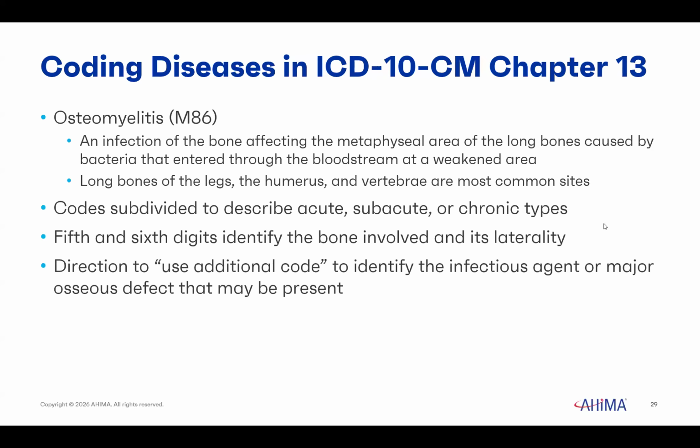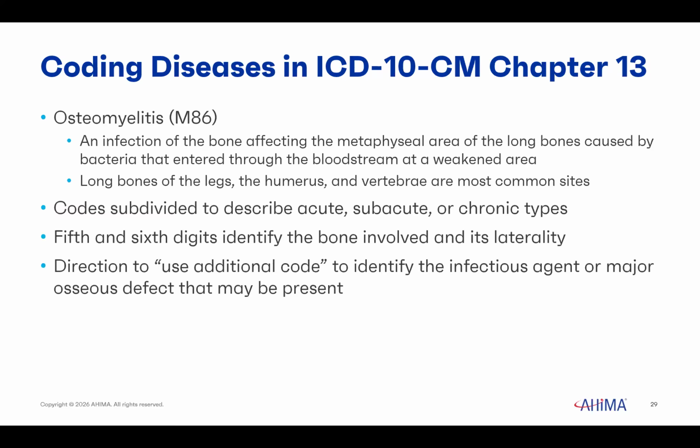And finally, we have osteomyelitis. Osteomyelitis is an infection of the bone that affects the metaphyseal area of the long bones. And again, these could typically be the humerus, the femur, the vertebrae, the tibia, what have you. Usually they are the arms, legs, hands, what have you.